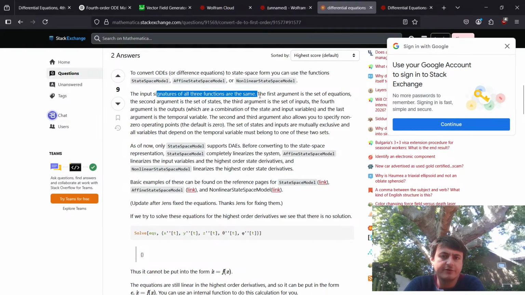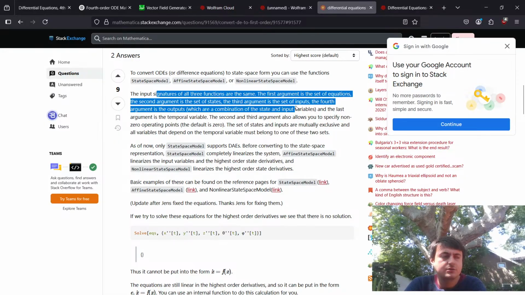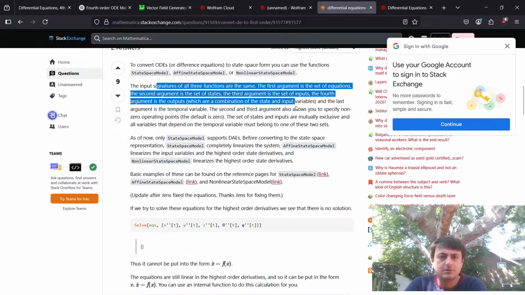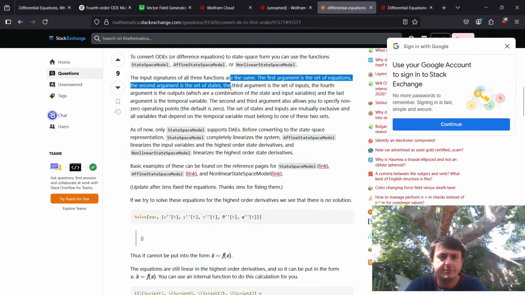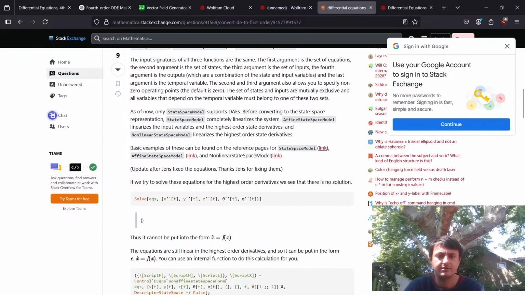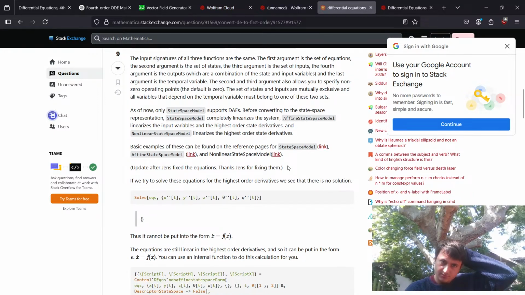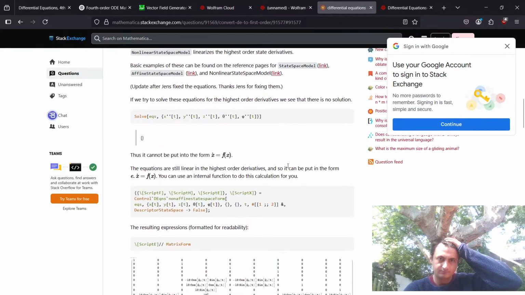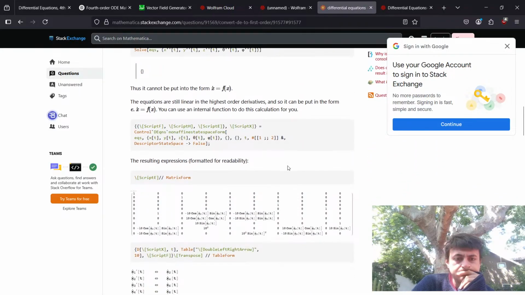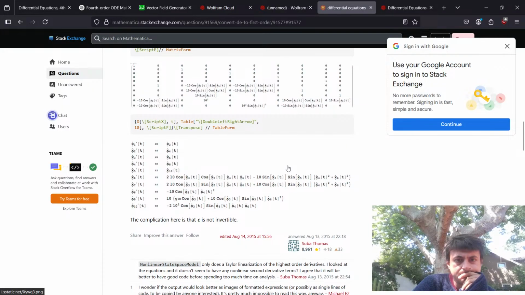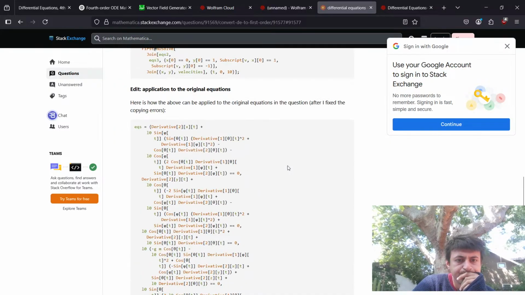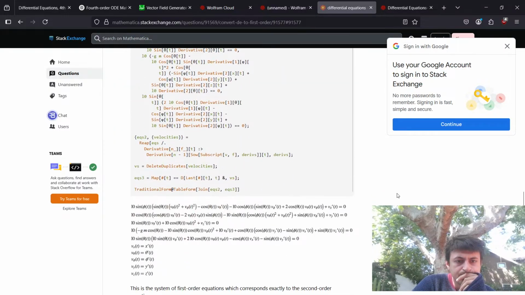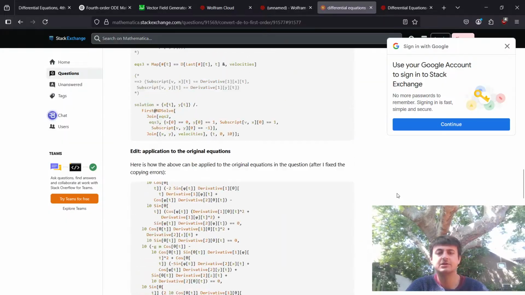The input signatures of all three functions are the same. First argument is the set of equations. You have to provide the set of states, though. How silly is that? What? I just want a matrix, bro.